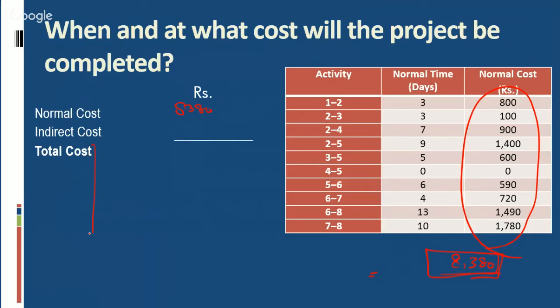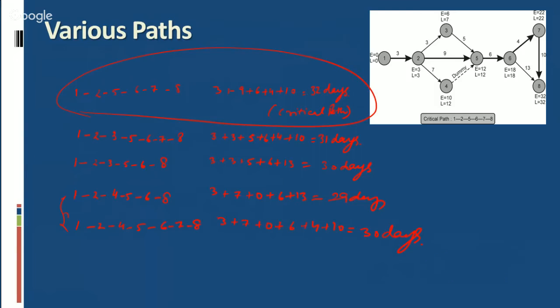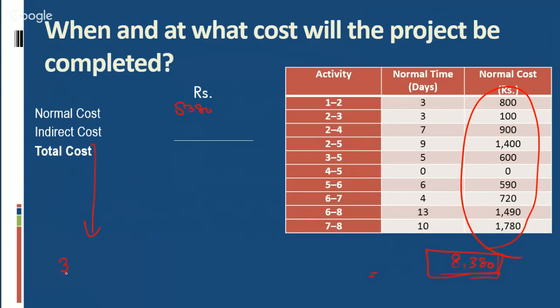But our indirect cost depends upon our normal duration. Our normal duration to complete this project is 32 days. This is the duration of our critical path. In the question we are given indirect cost rupees 115 per day.